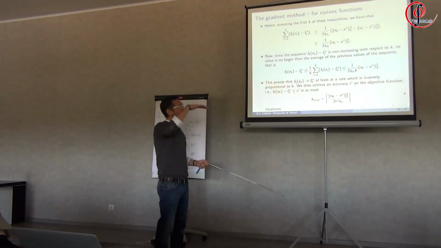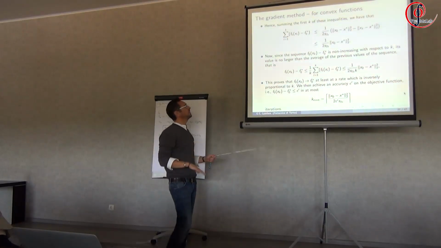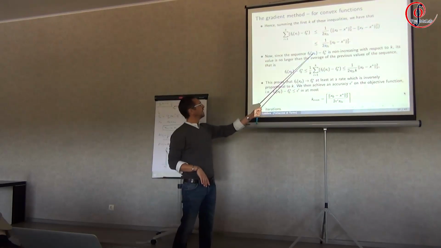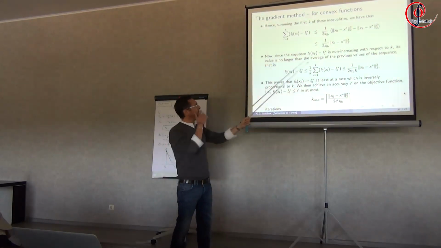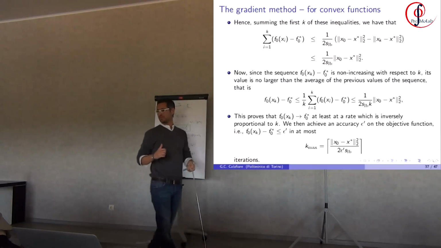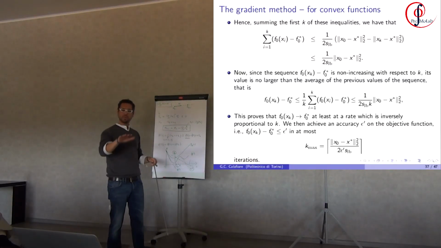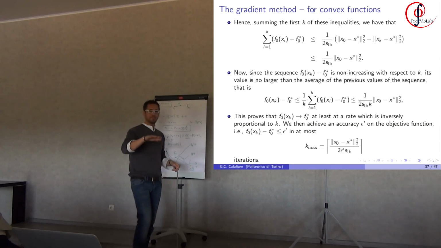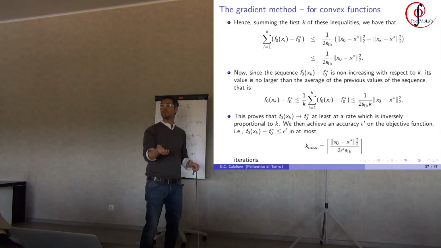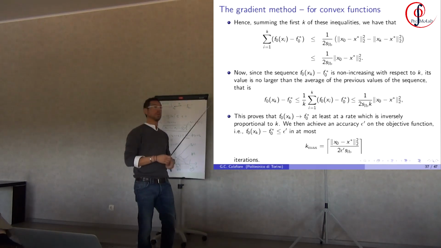And therefore, if we have a non-increasing sequence, the value of this quantity here is no larger than the average of the previous values of the sequence. At any point we are, the value at this point is no larger than the values of the previous points, than the average of the previous points.